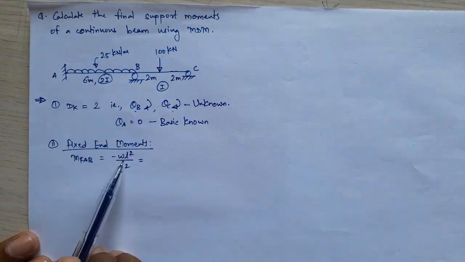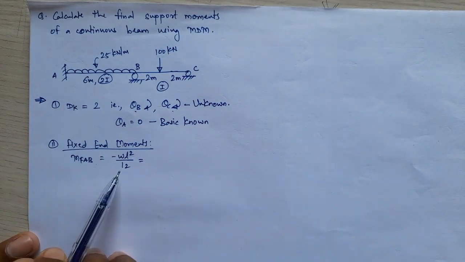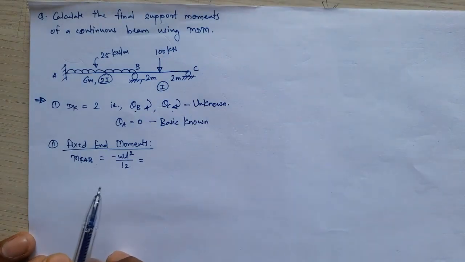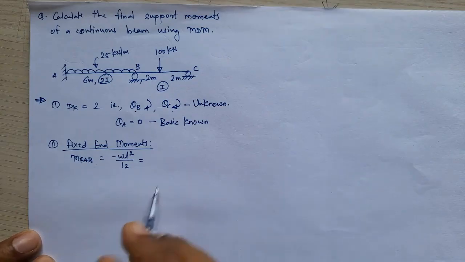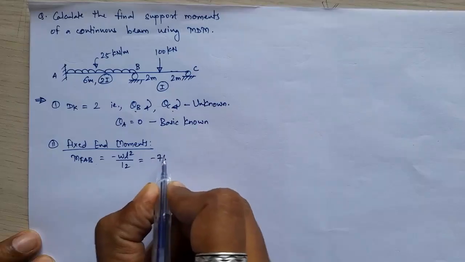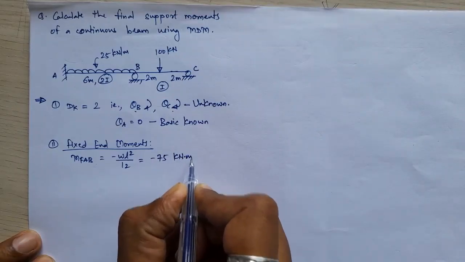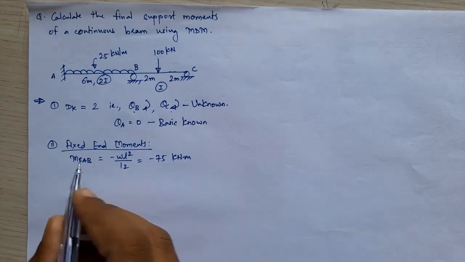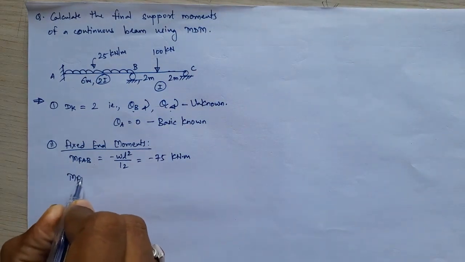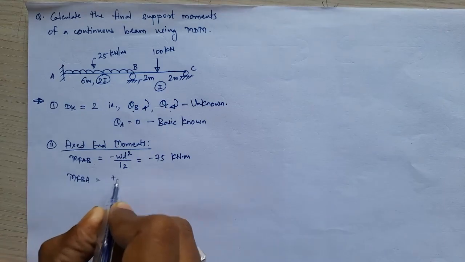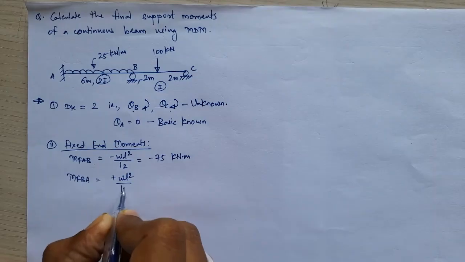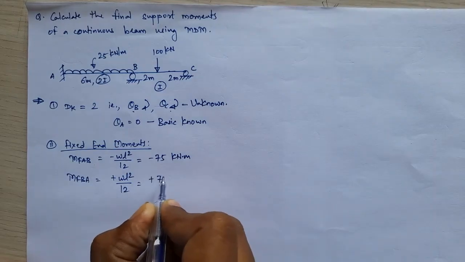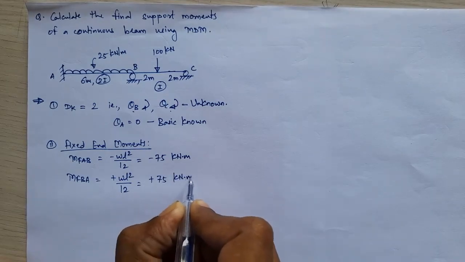W is 25, the length of member AB is 6, divided by 12. That comes to a fixed end moment of minus 75 kilonewton meter. Then the second fixed end moment, MFBA, remains plus WL squared divided by 12, and that comes to plus 75 kilonewton meter.